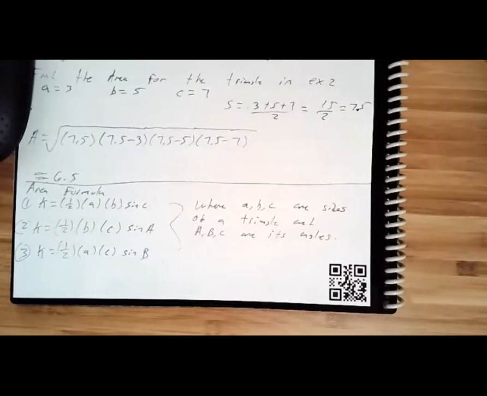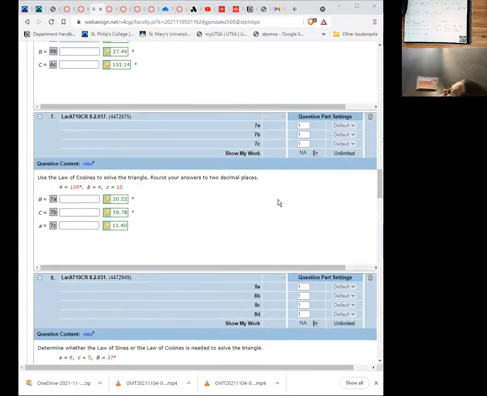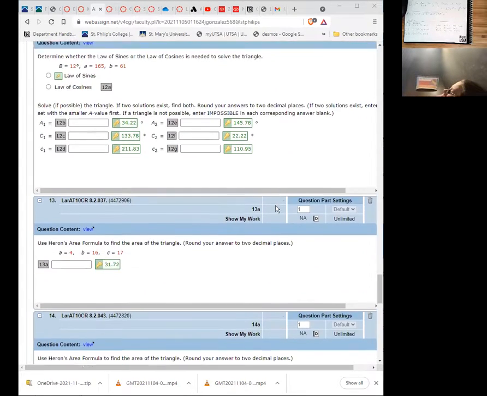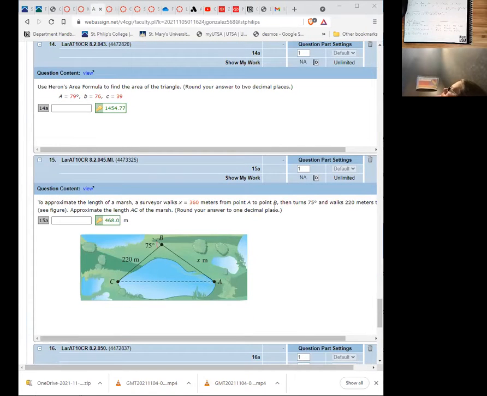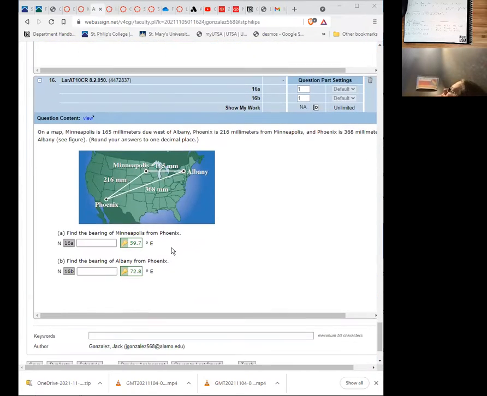Okay, so let's look at the homework again. Okay, so I think this corner will be pretty chill. This word problem is pretty easy. Let's see here.